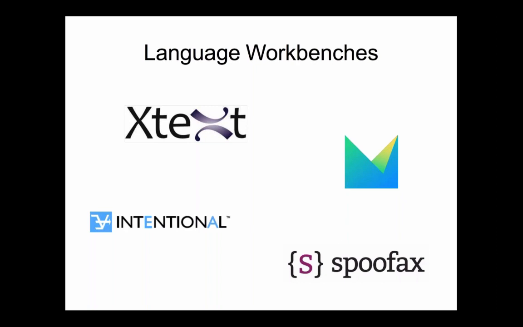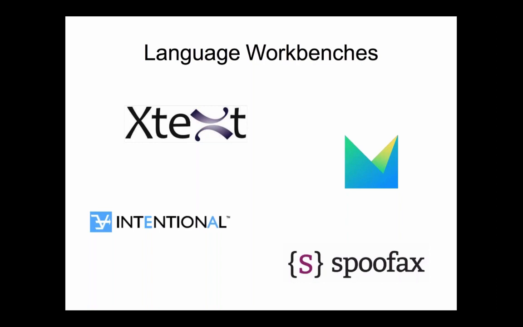There are several tools that belong to the category of language workbenches. Some of them are commercial, some of them are open source, like MPS. So you can download it and use it for free, or you can go to GitHub, get the sources, and see how it's been implemented. And there are other workbenches. Xtext, for example, is also an open source language workbench.